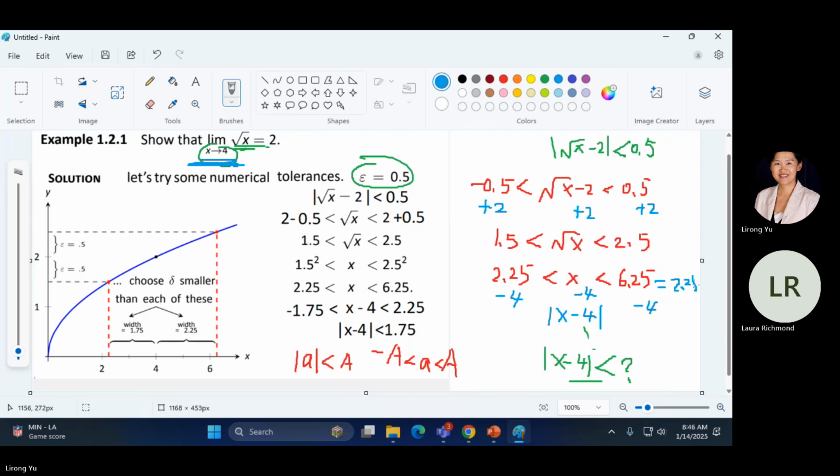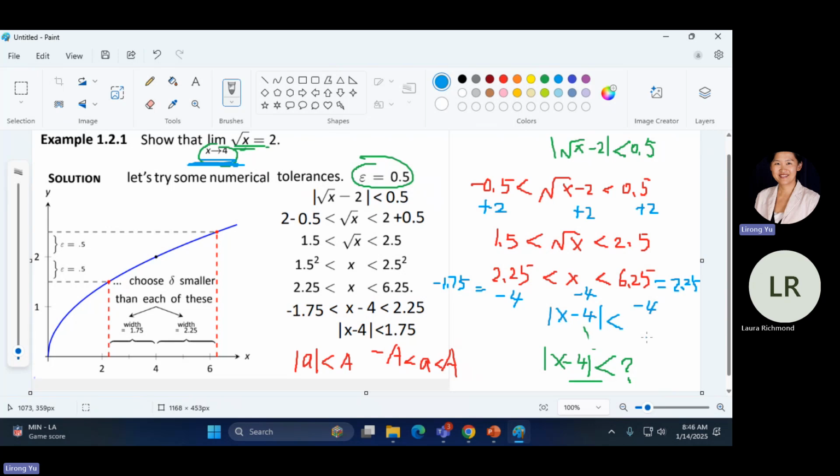Once you take absolute value, it's time to choose your boundary. 6.25 minus 4 is 2.25. Then 2.25 minus 4 is negative 1.75.